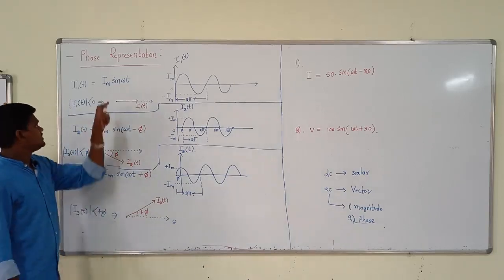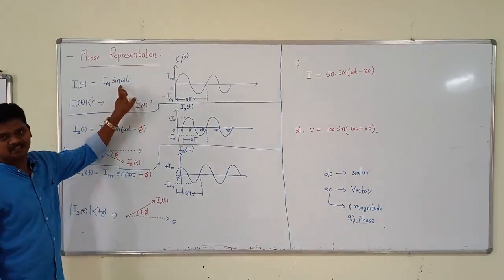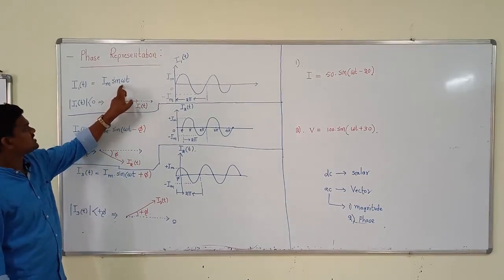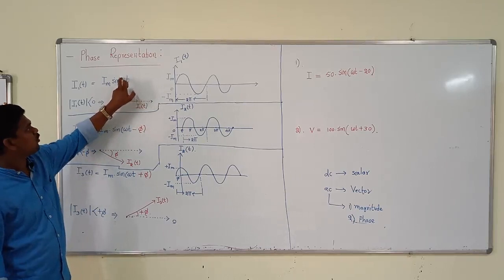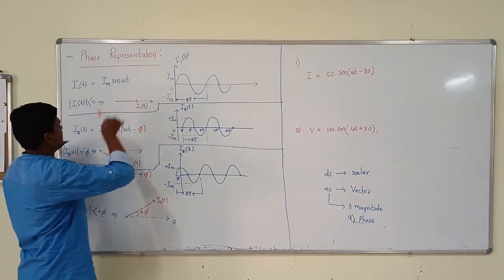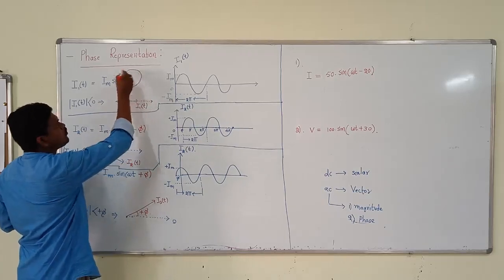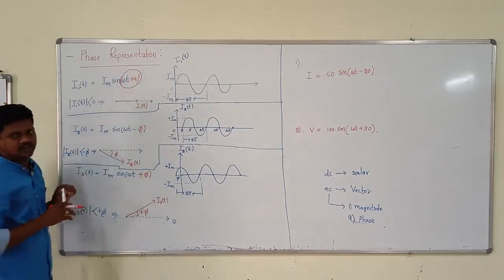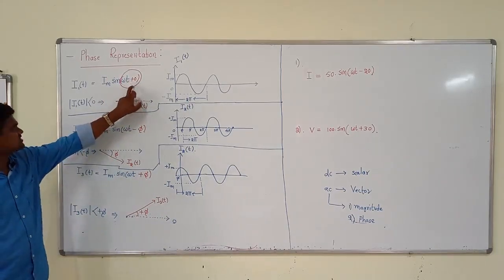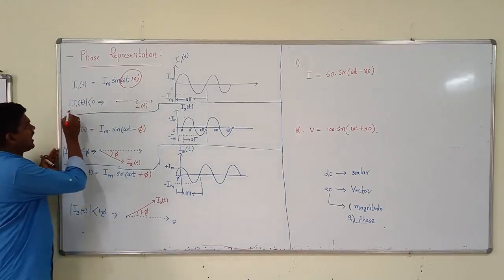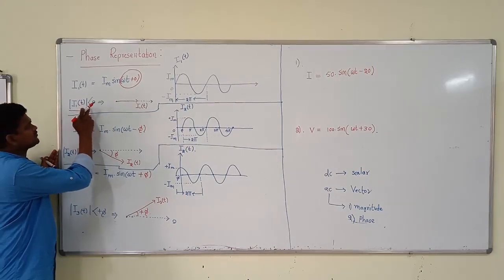This waveform is an AC supply. It has magnitude as well as phase. The phase is represented with this omega t. Here there is no phase, which means the phase is 0. So I can write that I1 of t has a magnitude of I1 of t, and the phase is 0.